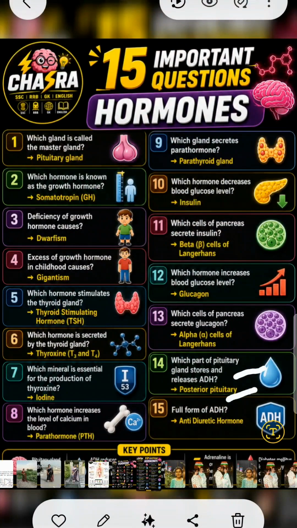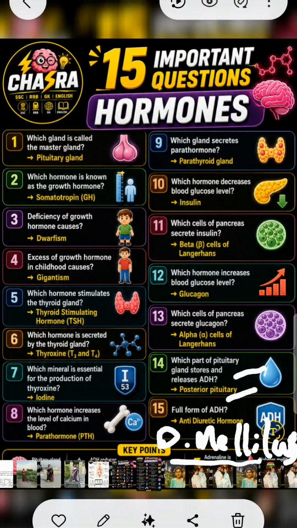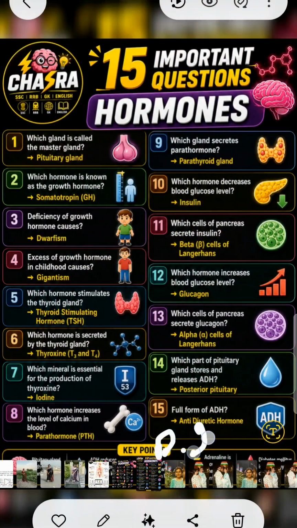I need to tell another point regarding insulin. I said insulin decreases blood sugar. And if there is deficiency of insulin, there is a disorder called diabetes mellitus. Deficiency of insulin causes diabetes mellitus, whereas deficiency of ADH causes diabetes insipidus. Remember these two.